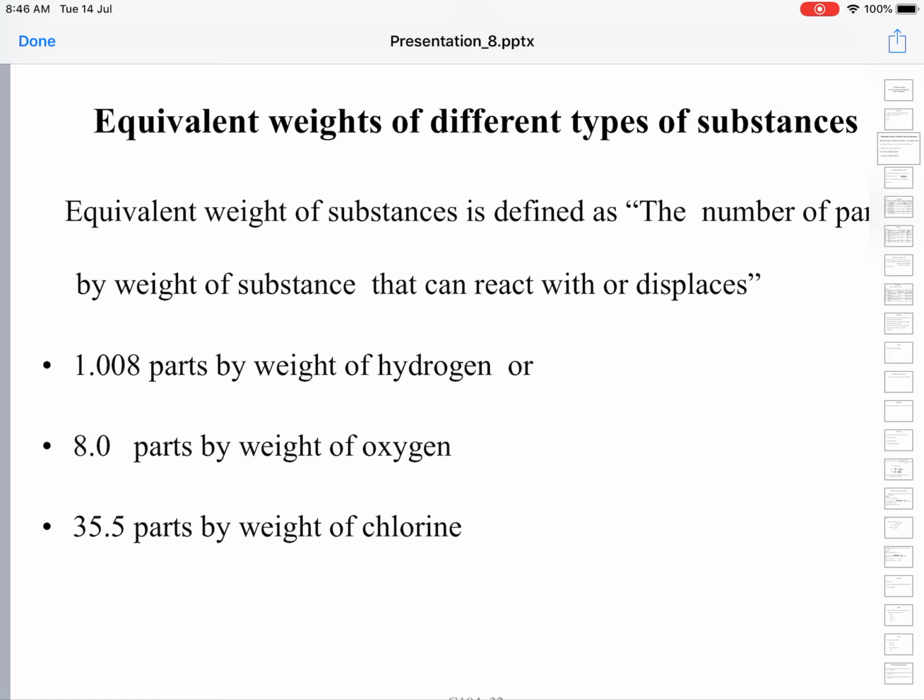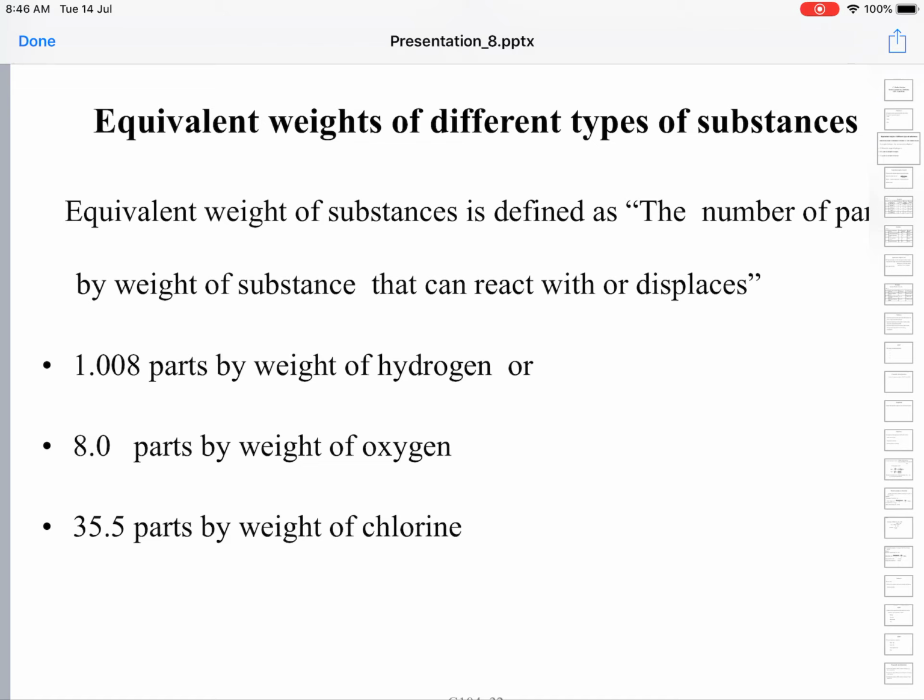For example, if you take fluorine, how much of it will react with 1 gram of hydrogen? Hydrogen and fluorine combine to form HF, so 1 atomic weight of fluorine will react with 1 gram of hydrogen.